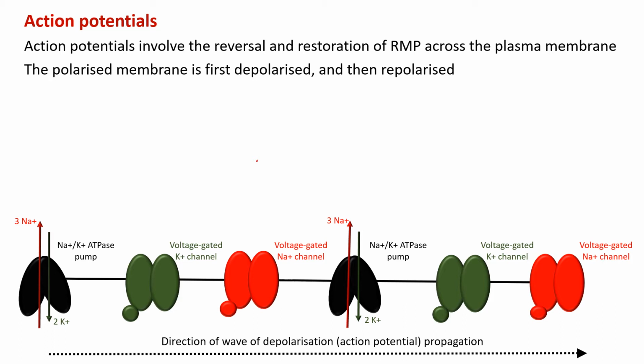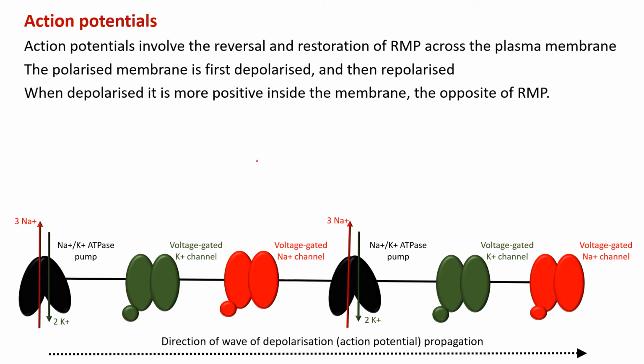So the polarized membrane, remember, resting membrane potential is when the membrane is polarized. So our polarized membrane at RMP is first depolarized, and then repolarized. There is another bit in between, but we'll talk about that in a minute.